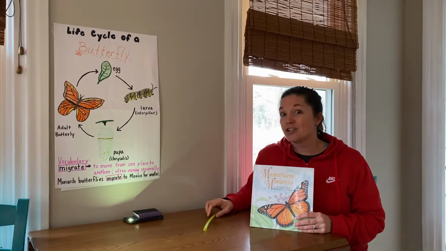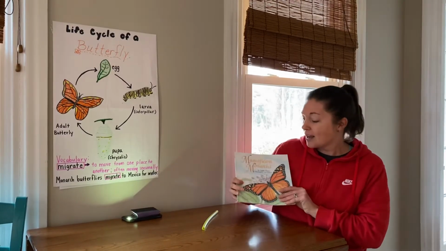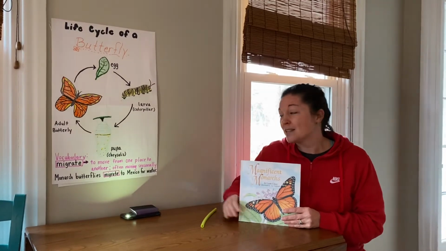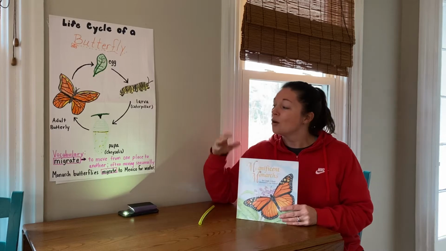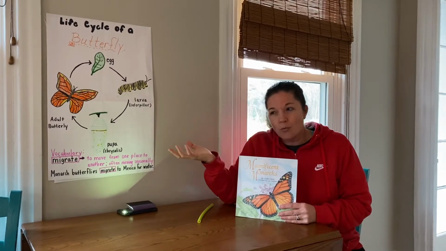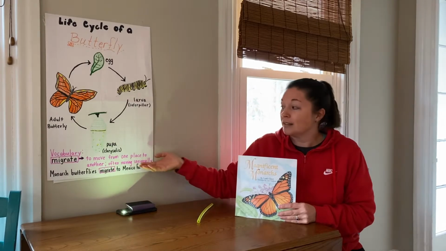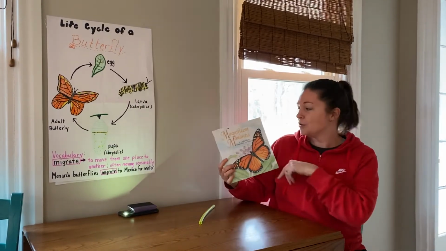It doesn't actually use the word migrate in the story, but they want you to make an inference based on what you know about migrating butterflies and what you've read in the story to figure out what they are actually doing in the story. They want you to know that they're actually migrating. So that's up to you to figure out.